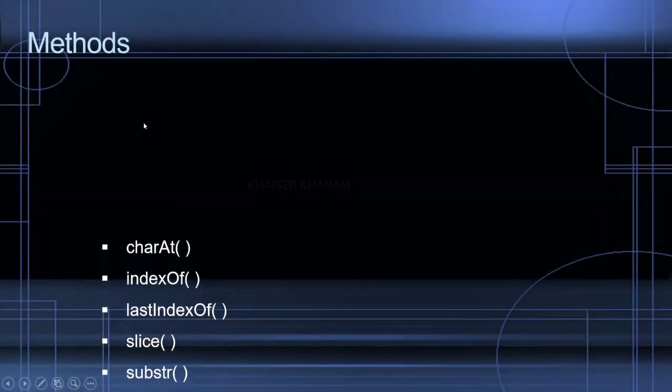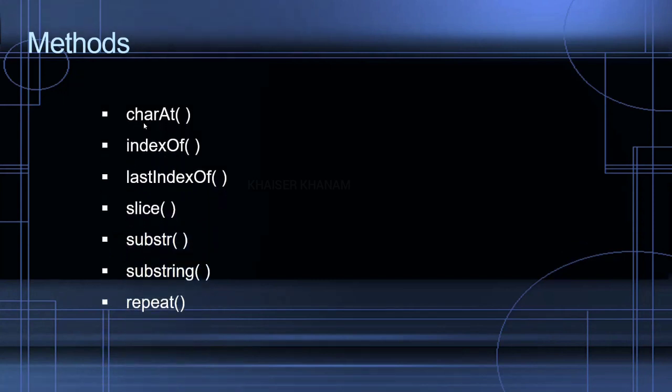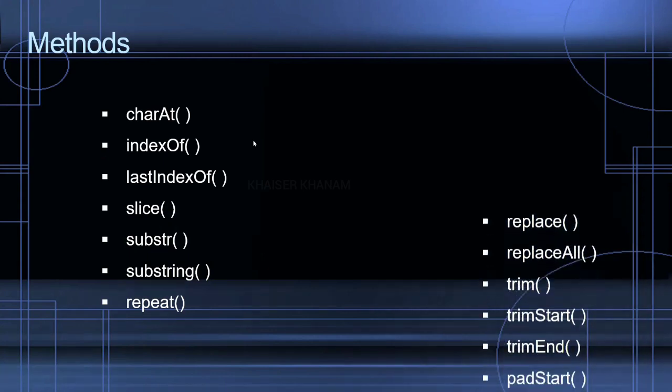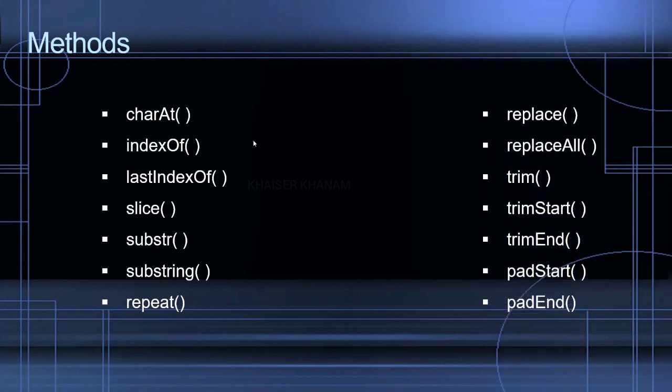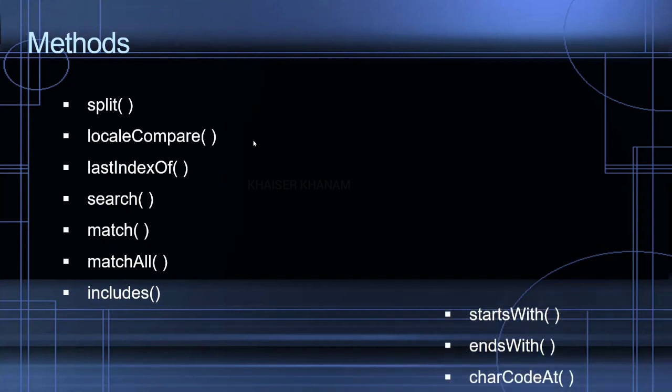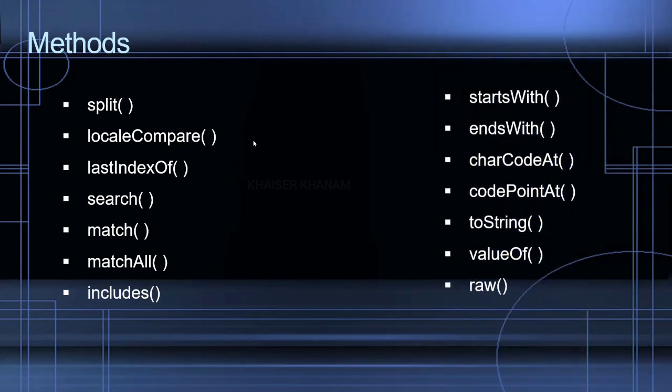We have seen charAt, indexOf, lastIndexOf, slice, substr, substring, repeat, replace, replaceAll, trim, trimStart, trimEnd, padStart, padEnd, and also split, localeCompare, search, match, matchAll, includes, startsWith, endsWith, concat, charCodeAt, codePointAt, toString, valueOf, and the raw method.